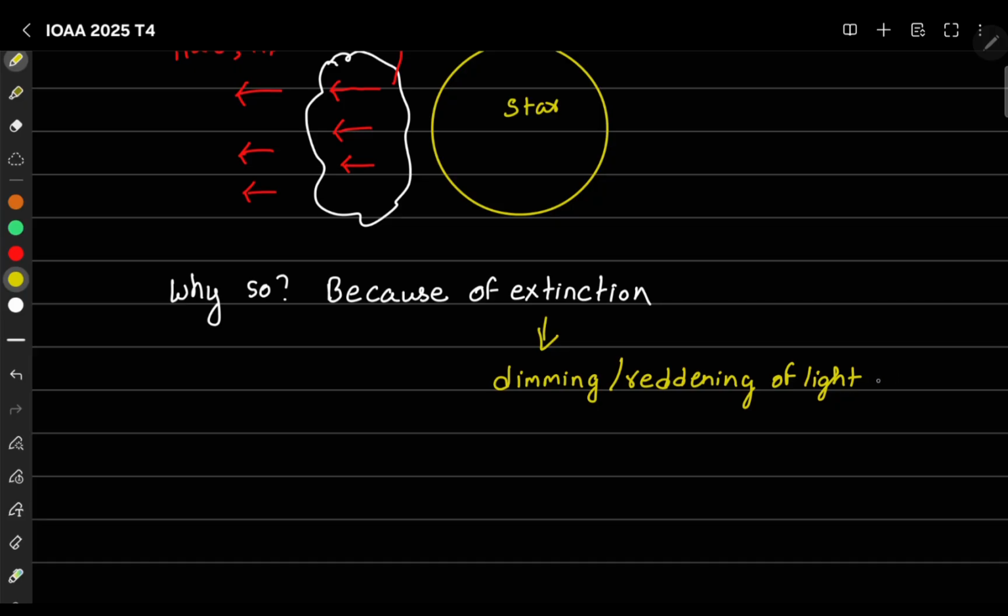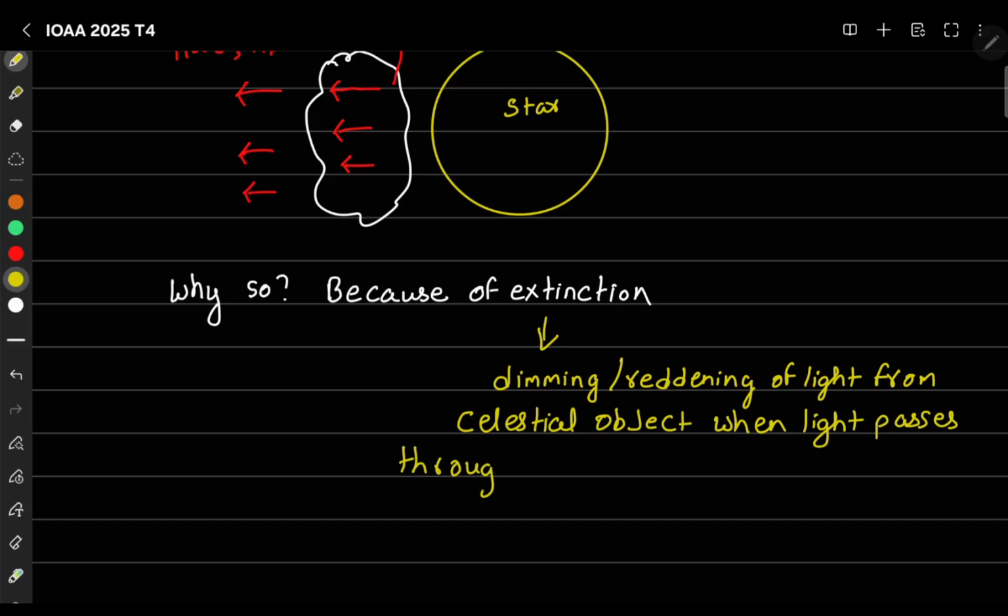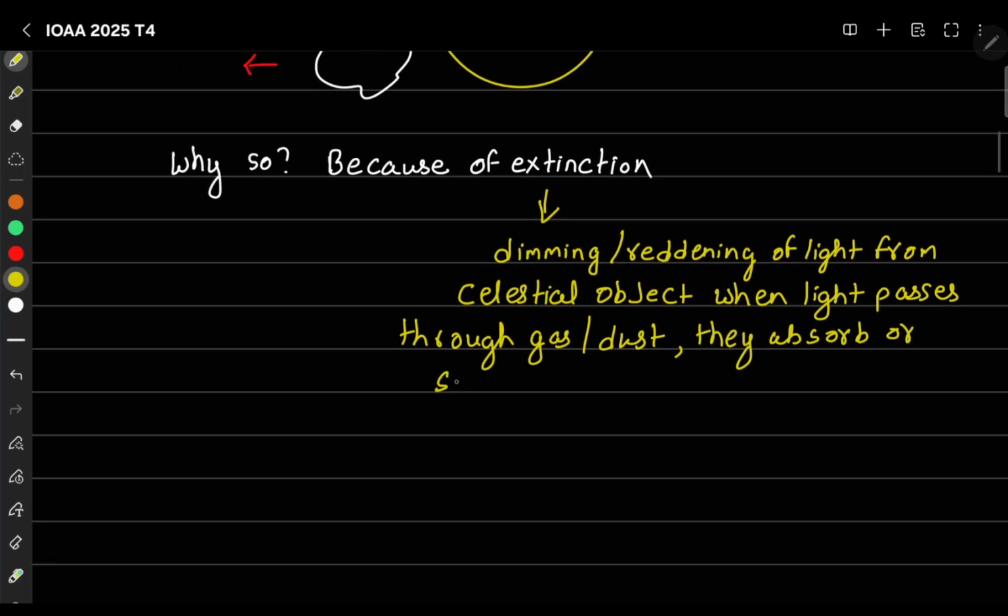So light from a star or celestial object, when it passes through gas or dust, gets absorbed or scattered.